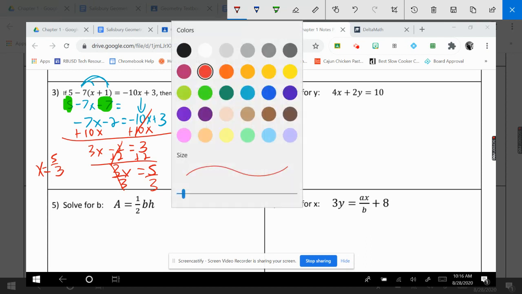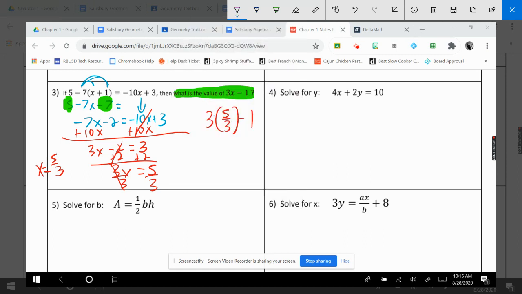Well, remember when you do fraction math here, you multiply the top and then divide it by the bottom. So 3 times 5 is 15. Divided by 3 is just 5. Or if you just remember how to do this, those just cancel. Minus 1. So my final answer ends up being 4. Make sure you understand that the final answer has to be 4.